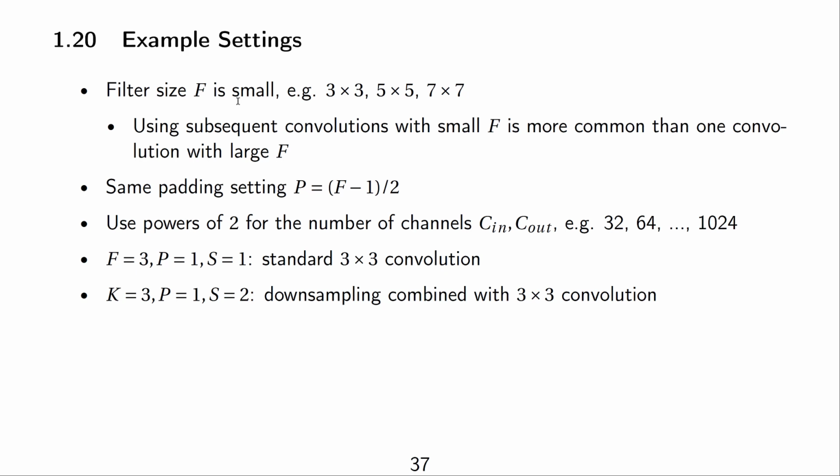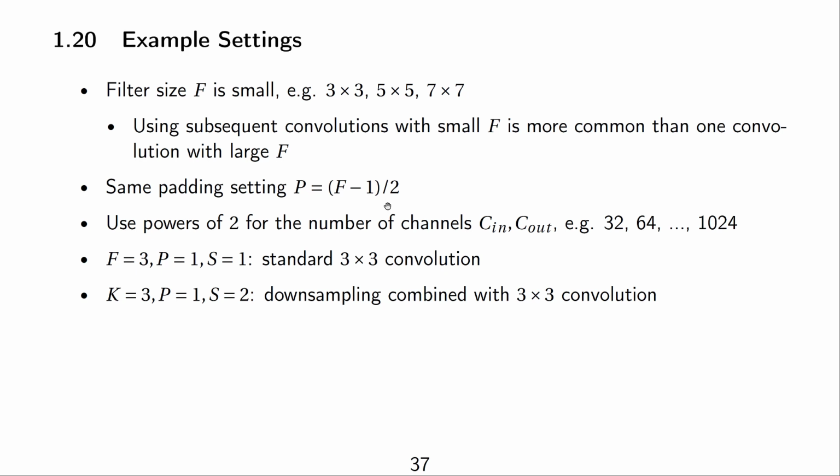One of the first very popular neural networks used a convolution size of 11 by 11 in the first layer, but it was then rare for many years in the dominant networks. You don't see this convolution size anymore. So I would say that generally 3 by 3, 5 by 5, 7 by 7 are the dominant sizes.